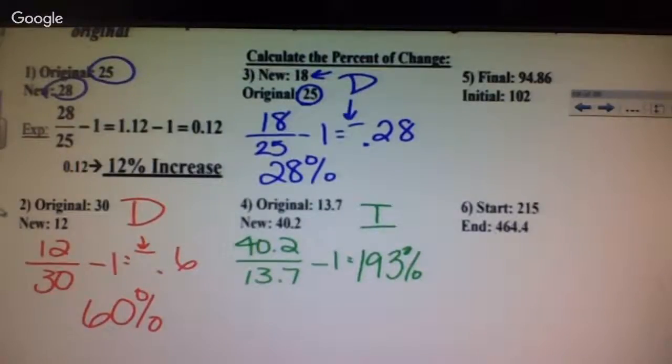Okay, what about number 5? They've changed the words. Now we're looking at final and initial. Initial is original. Final is new. Okay, this is a decrease. Your initial's where it starts, and your final's where it ends. So your final is your new price. 94.86 over 102 minus 1.